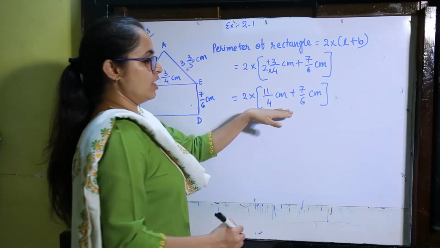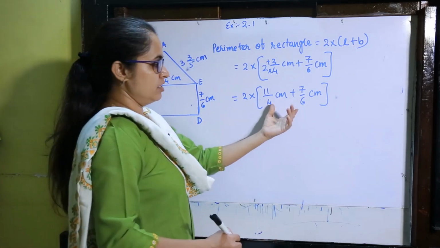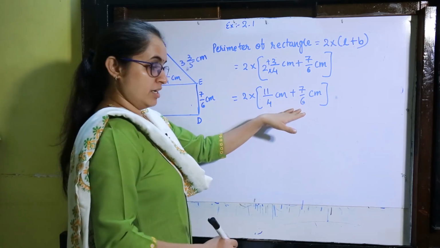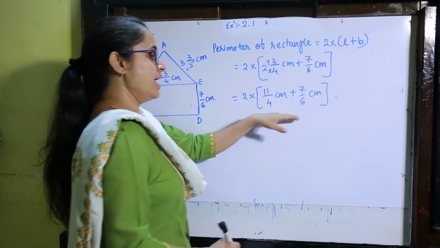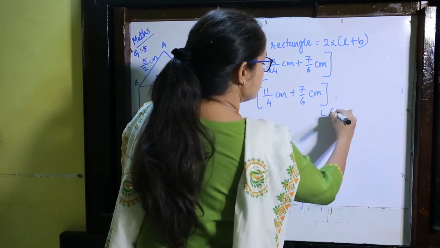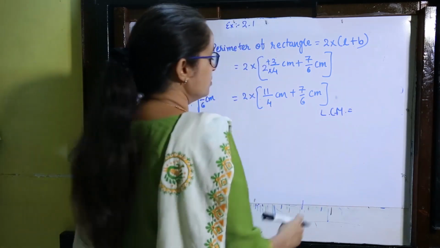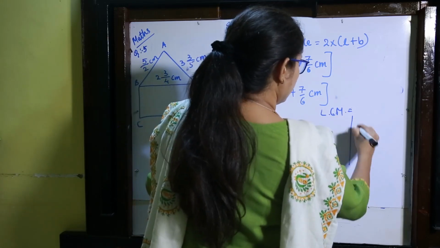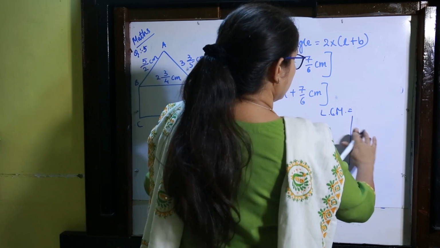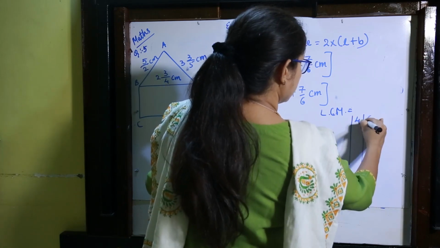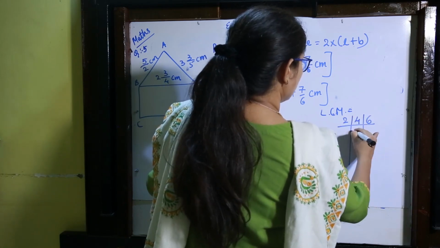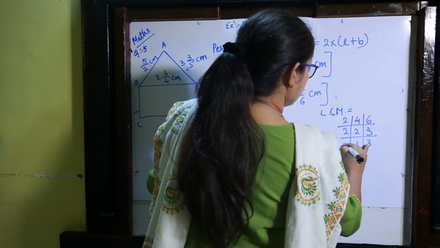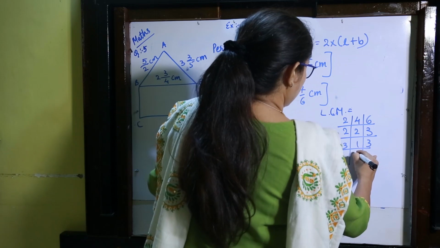Now because both denominators are different, they are called unlike fractions. So you have to find the LCM. 4 and 6: 2 2s are 4, 2 3s are 6, and the rest 1, 1.